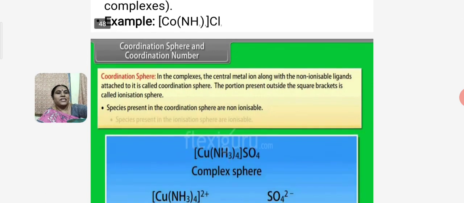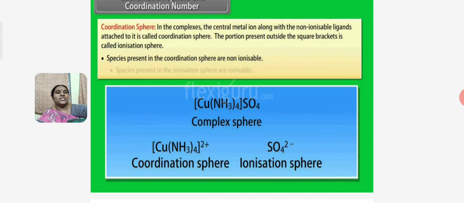For a better understanding, you can look at this picture. See this complex of copper. It is [Cu(NH3)4]SO4. I repeat, it is [Cu(NH3)4]SO4.